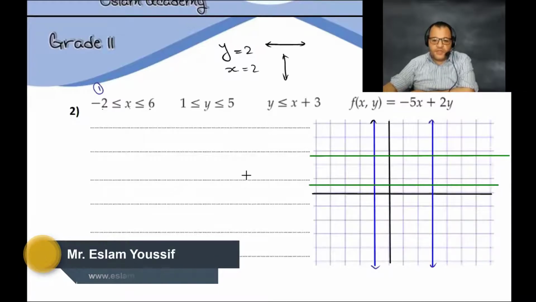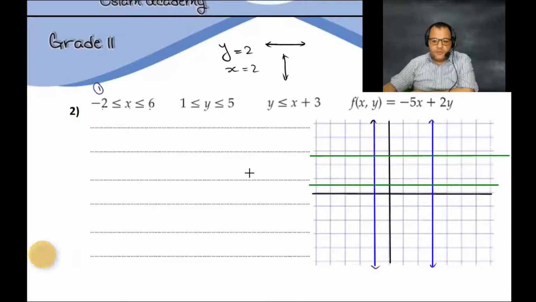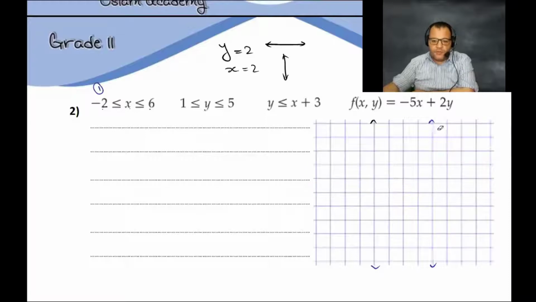Any problem for that? No. Okay, I will make the scale equal to 2 because there is enough space. Again for this one.